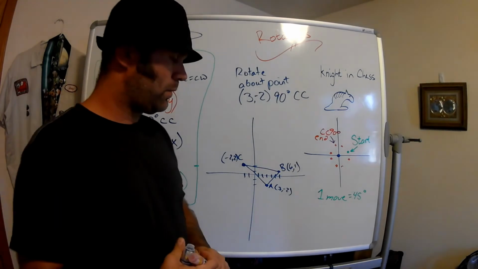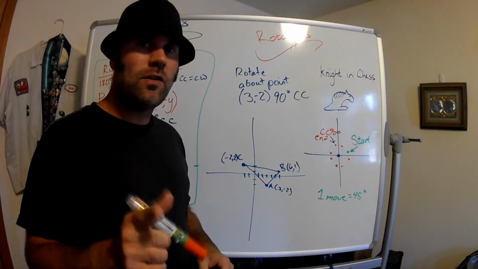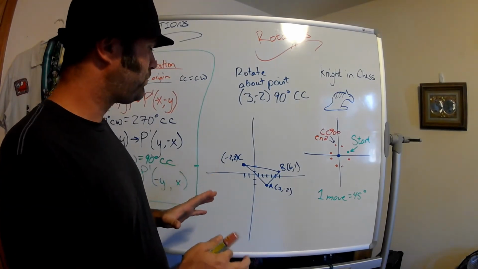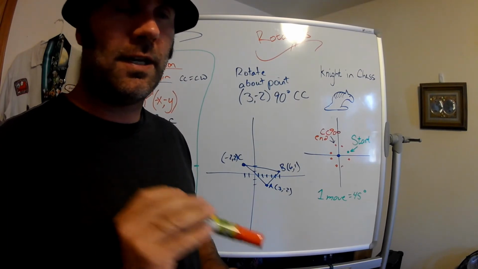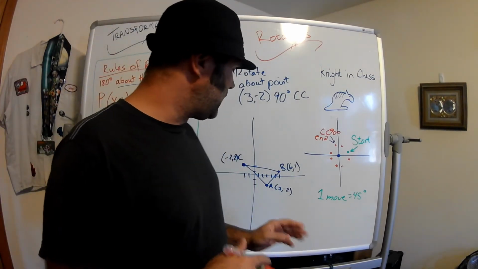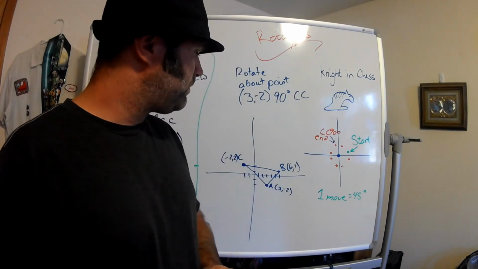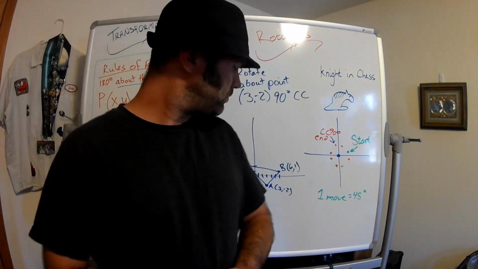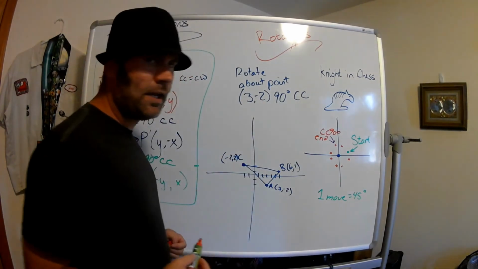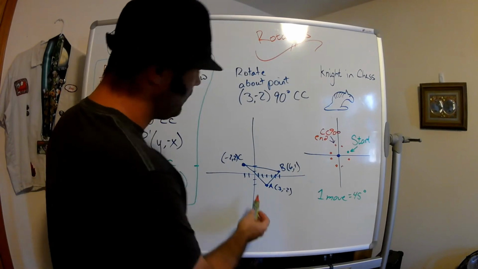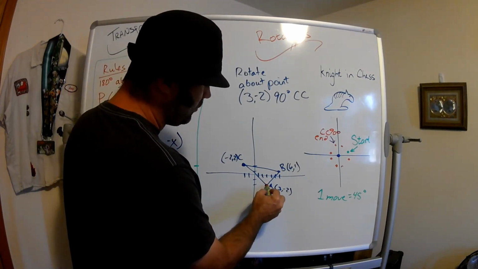So you might think, well, we can't use any of our rules, and that makes sense, but we can do something to our picture to make it so that we are rotating about the origin. And that is, we can shift all of our points to a new origin. Okay? So if we said our new origin is 3, -2, let's move right 3 and down 2 and make that our new origin.